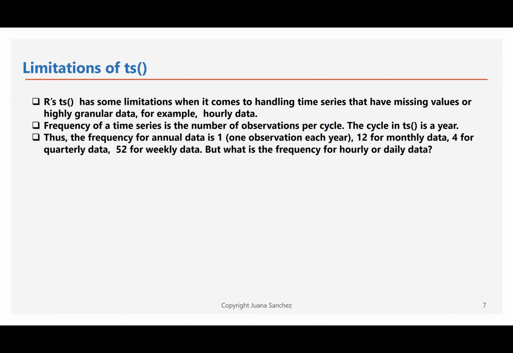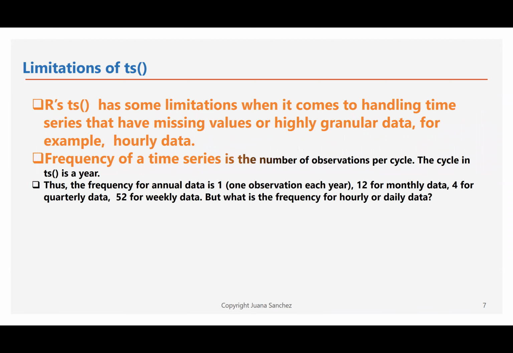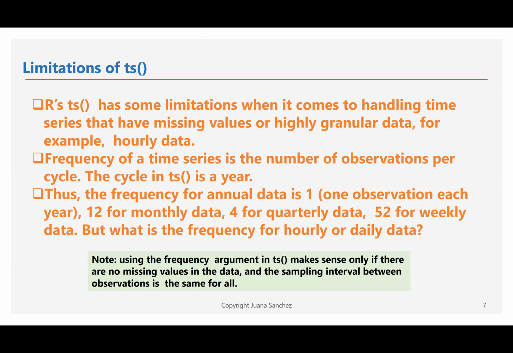So what do we do? Well, we use other features, other functions that will help us in that case. So R has some limitations, and these are very important to remember. So note that using the frequency argument in TS function makes sense only if there are no missing values in the data and the sampling interval between the observations is the same for all.